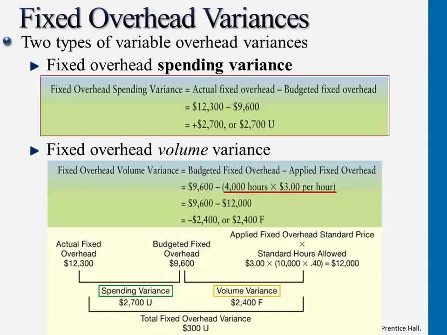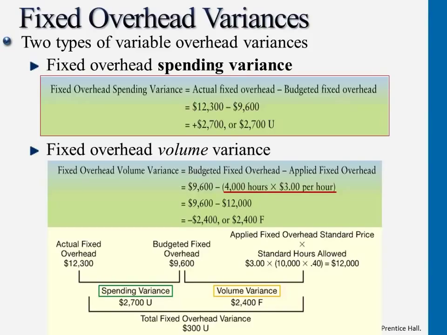As long as the spending is more than the flexible budget, then this part here is unfavorable. And then overall depends on this. Okay, when we talk about fixed overhead variance, whether it's favorable or unfavorable depends on how much this is.